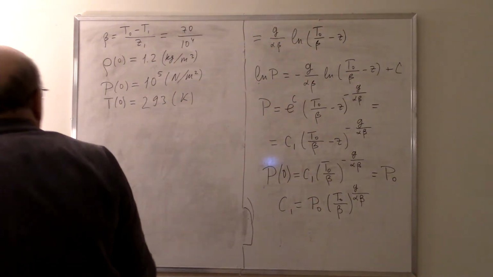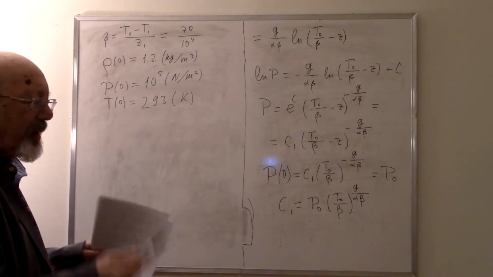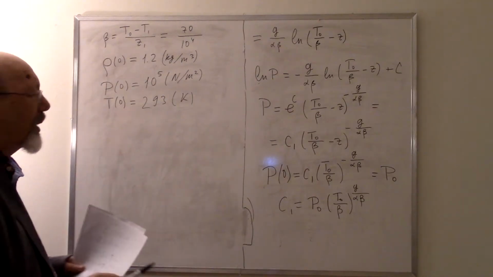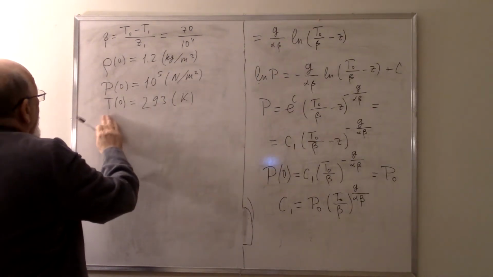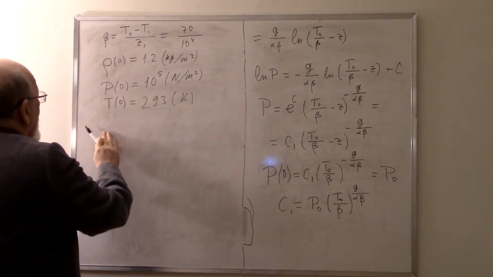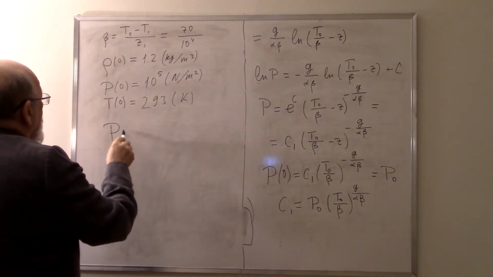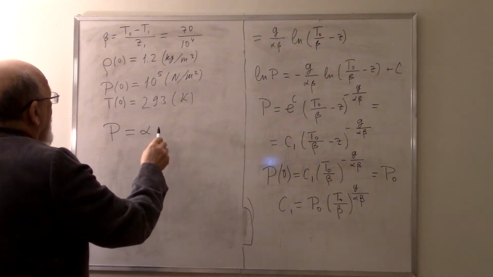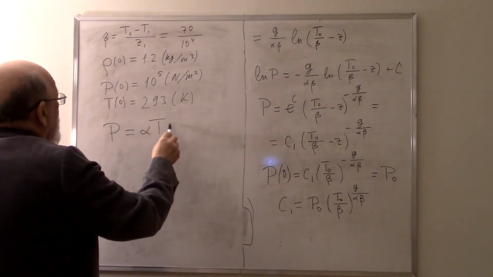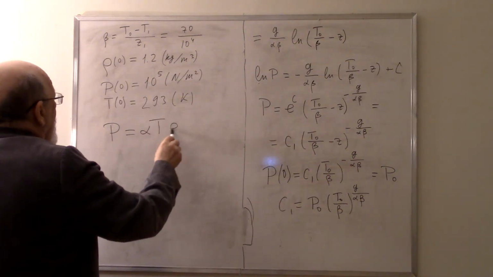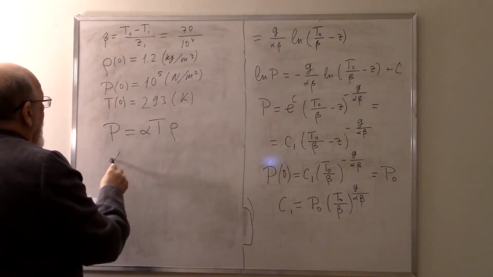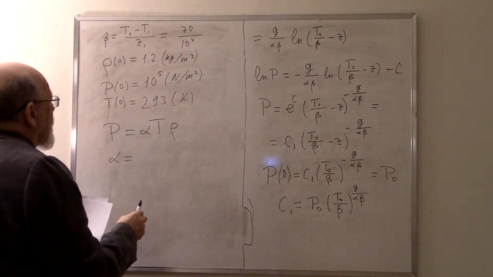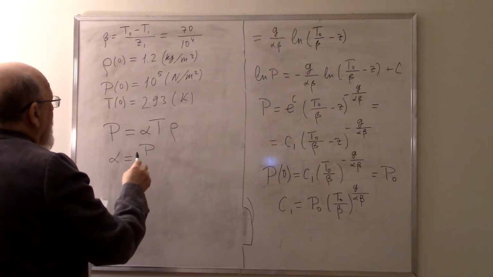And so now let us recall the equation of gas state. The pressure equals alpha times temperature times rho.